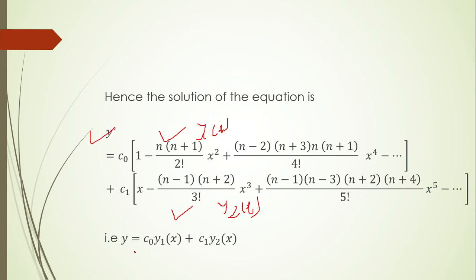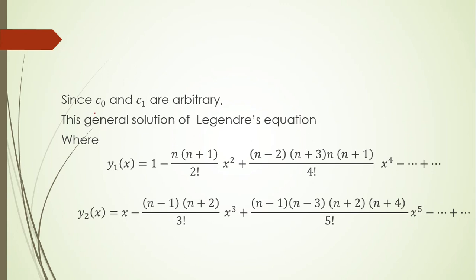This is the solution where c0 and c1 are arbitrary. The general solution of Legendre's equation is y1 of x is equal to this and y2 of x is equal to this. Here we solve the equation, which is Legendre's equation, and the solution of this equation is y1 of x and y2 of x.